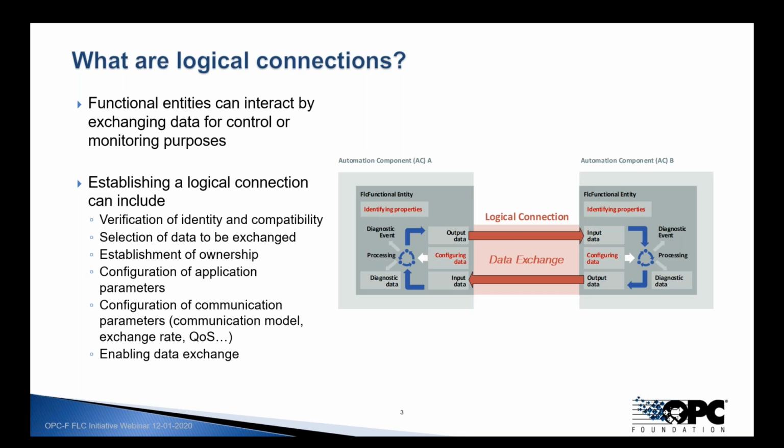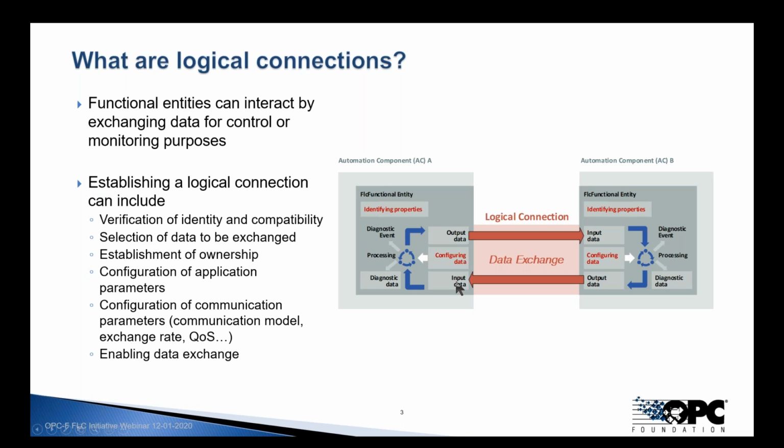It could be whatever string or something like that. It could be any data type, including structured data types. But the other thing of a logical connection is that it is between devices or between automation components, being a controller or being a device, if you look into the future.